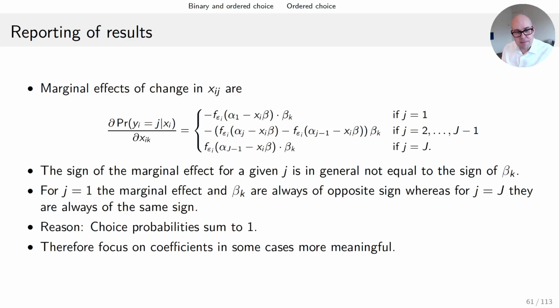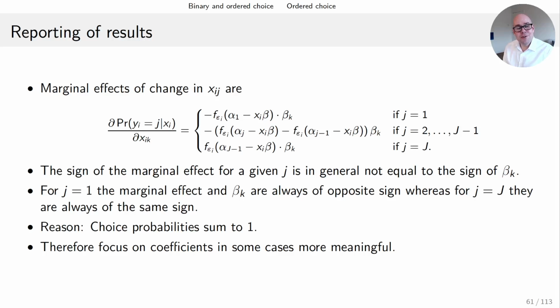Reporting of results. This again is a parallel to the binary choice model, but now things are a little bit more complicated actually. The parallel is that we can also calculate marginal effects. However, in the binary choice model, we had one marginal effect, and that marginal effect was very meaningful. So the marginal effect we looked at was the change in the probability that y is equal to 1. So this was the bigger one of the two outcomes in terms of the coding.